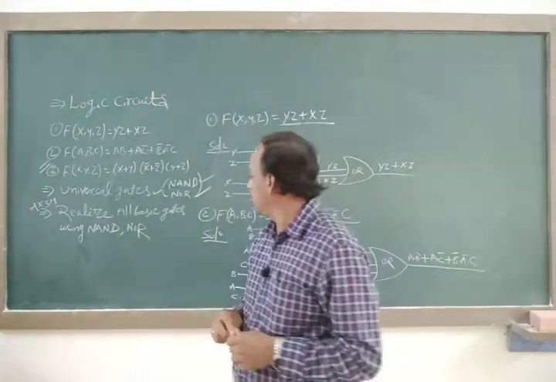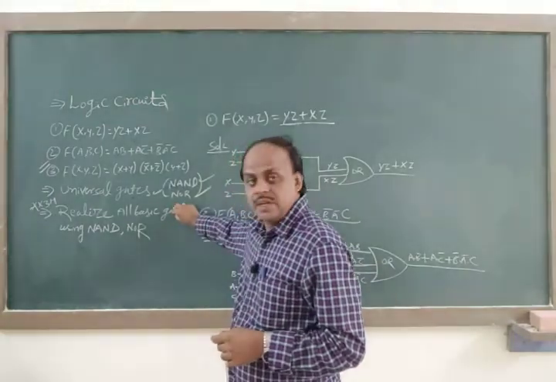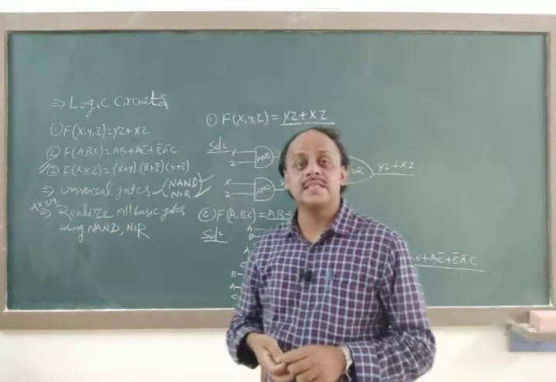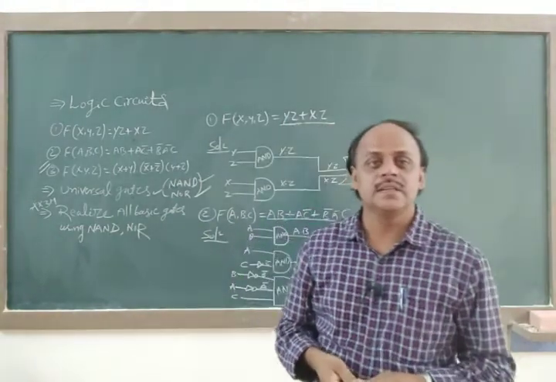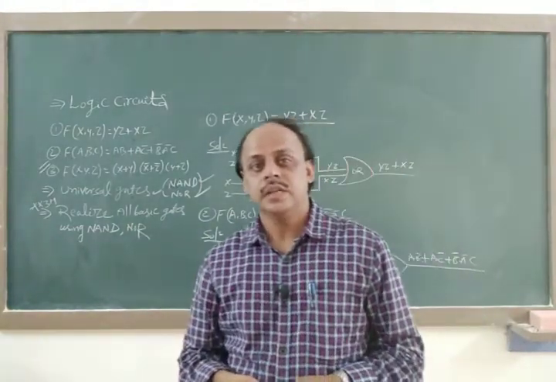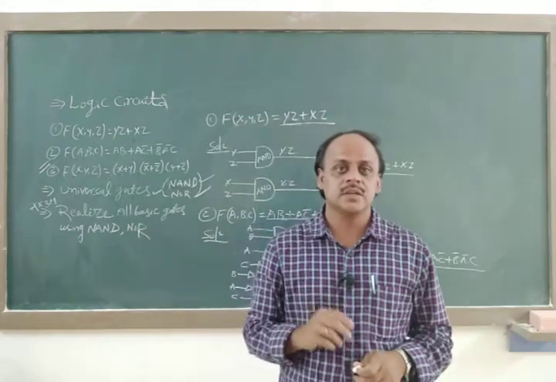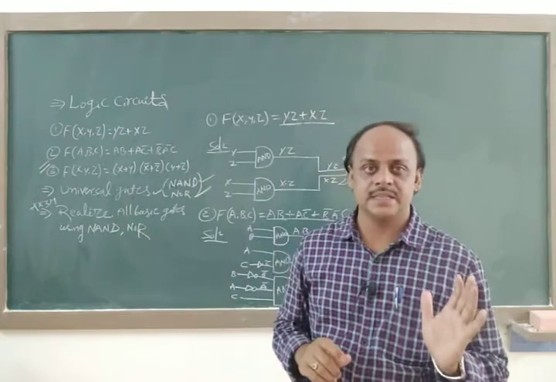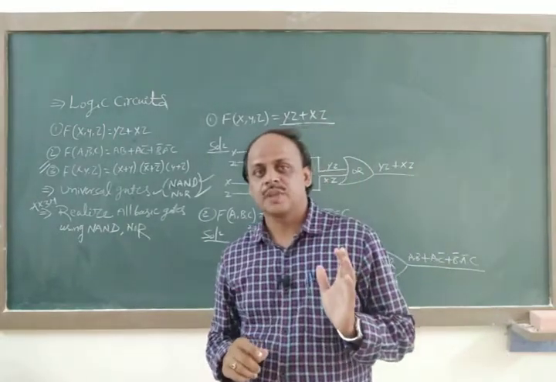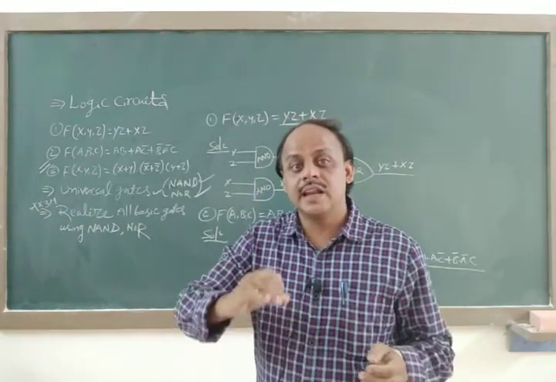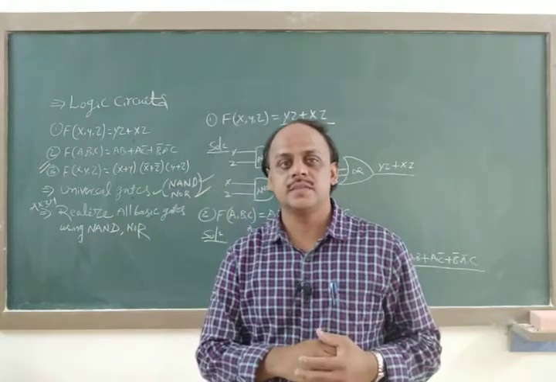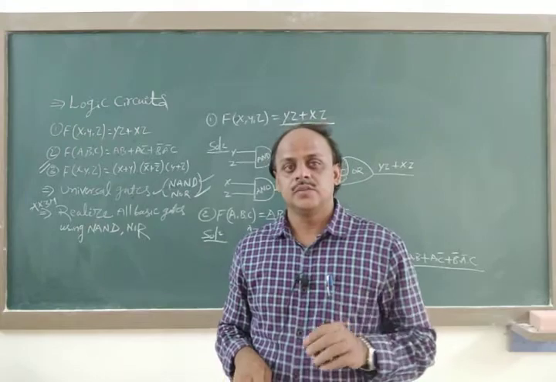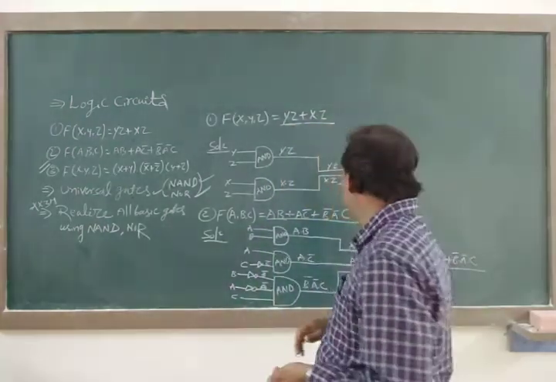And the next topic, very important, third topic, that is realize all basic gates using NAND gate. In the examination, he is going to ask realize all basic gates using a NAND gate only, or realize all basic gates using NOR gate for 3 marks. So, let us see here.